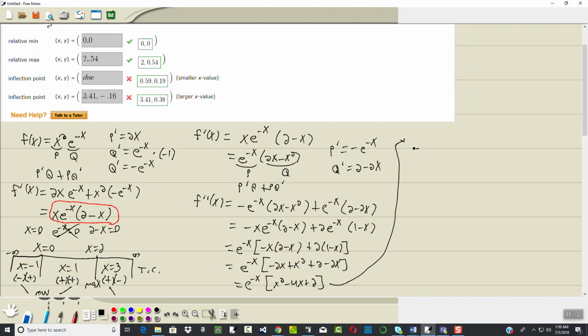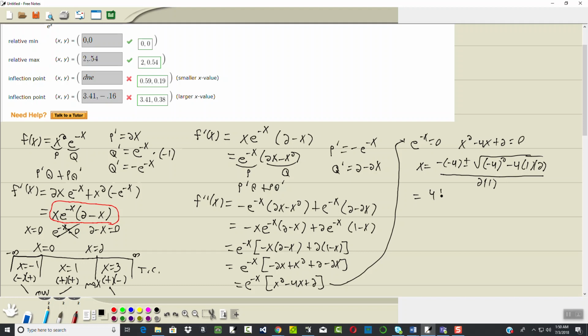Now to find our critical values, we set each one of those equal to 0. And of course, e to any power can never equal 0. So this one I'm going to use the quadratic formula on. So x is equal to negative b, so negative 4, plus or minus the square root of b squared, so negative 4 squared, minus 4 times a times c, all over 2a.